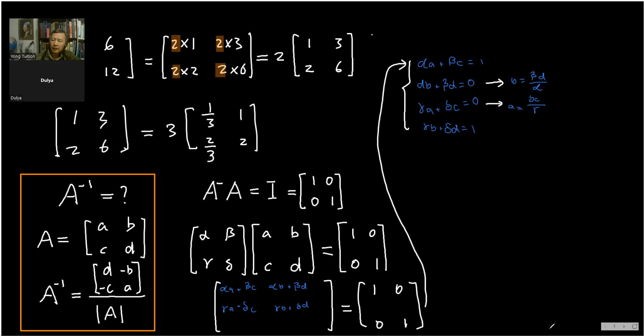Oh, we're trying to solve it the other way around, with the other, we need to solve the alpha, beta. Divided by b, right? Okay.